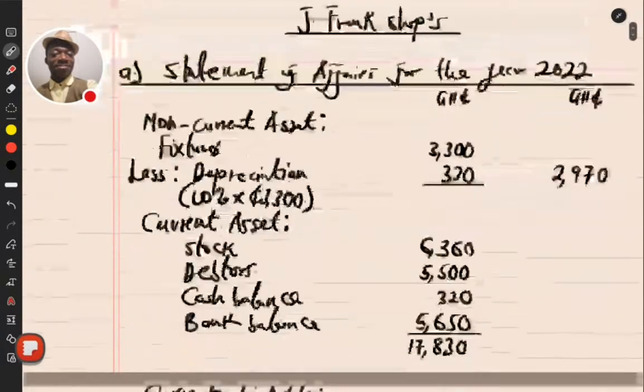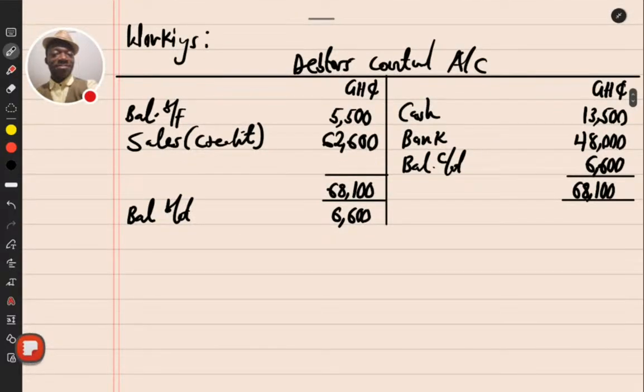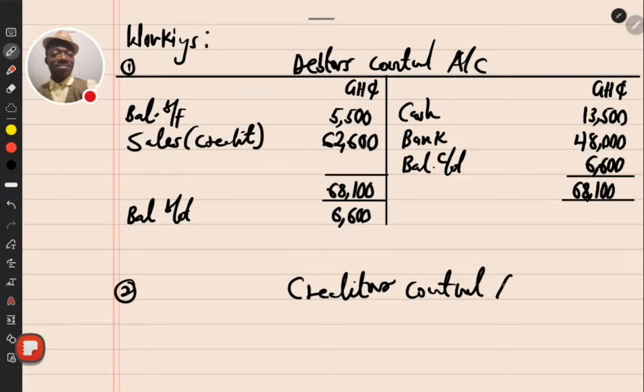So what do we do to get the purchases figure? We need to prepare what we call the creditors control account. So let's say this is workings 2. Creditors ledger control account, or creditors control account.